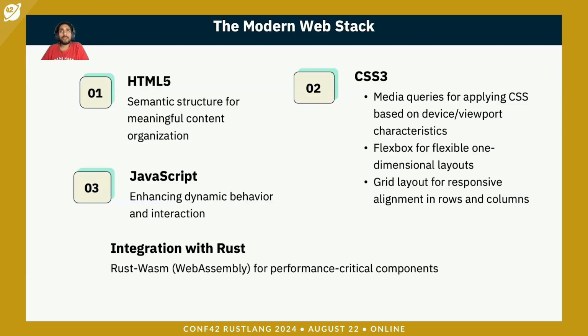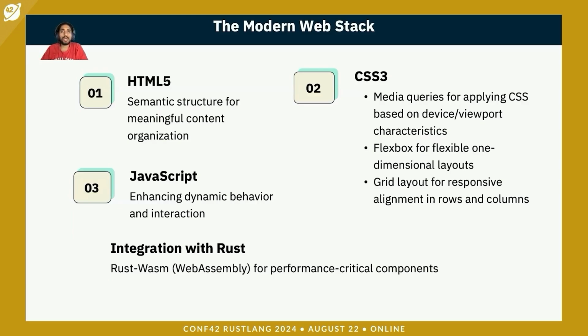Let's take a deeper dive into the modern web stack, which is the foundation of responsive design. The core technologies here are HTML5, CSS3, and JavaScript, each playing a crucial role in creating adaptable user experiences. HTML5 gives us the semantic structure necessary for organizing content in a meaningful way.